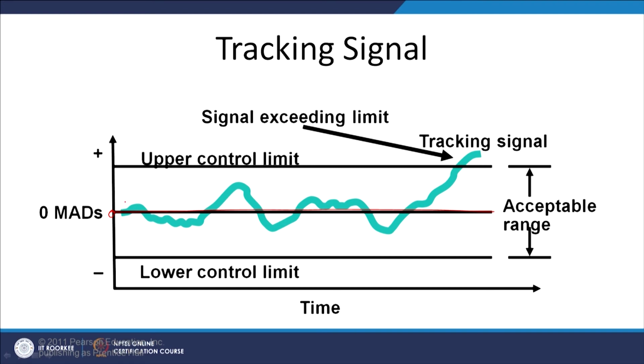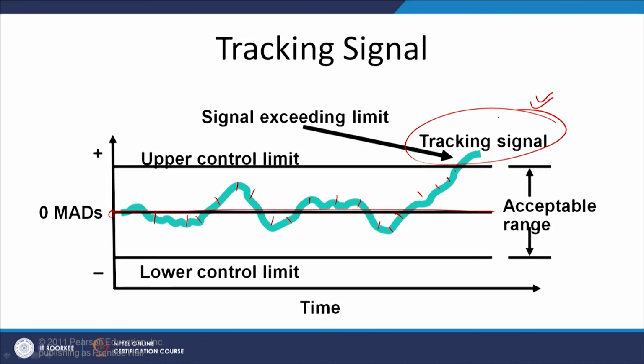So the mean absolute deviation is plotted like this, with the mean absolute deviation on the y axis, and when we plot the tracking signal, it indicates whether the mean absolute deviation is within the limit or not. So, we first calculate the tracking signal and then it is plotted.